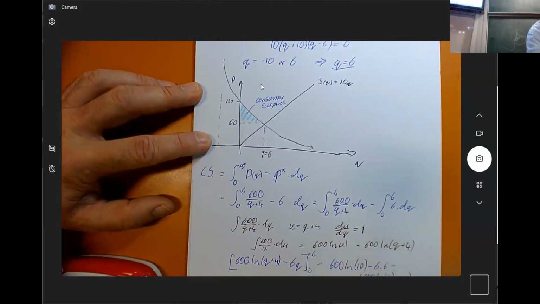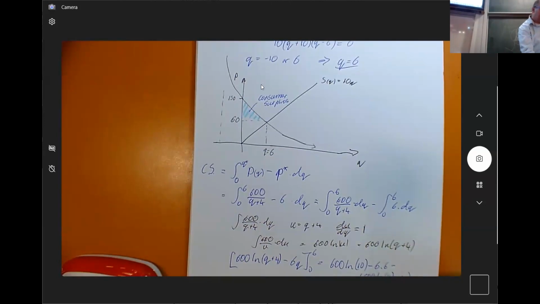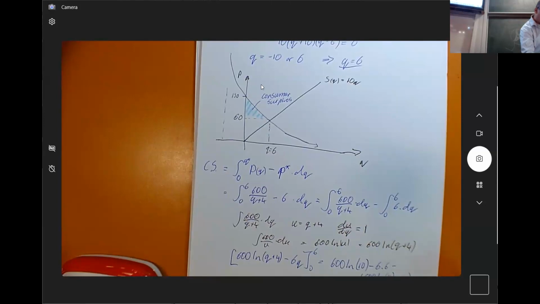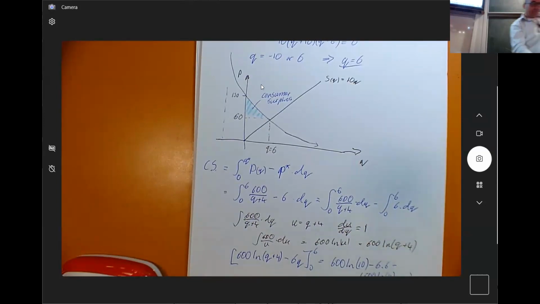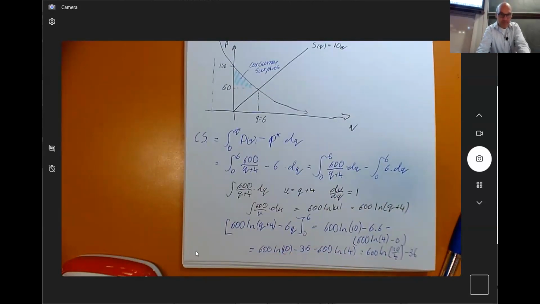I'm going to do a dodgy trick. I'm going to combine those two things. So it's going to be like 600 ln. Because it's ln of something minus ln of something else, I can do 10 on 4. All right, sweet. Make sure I've written that in.